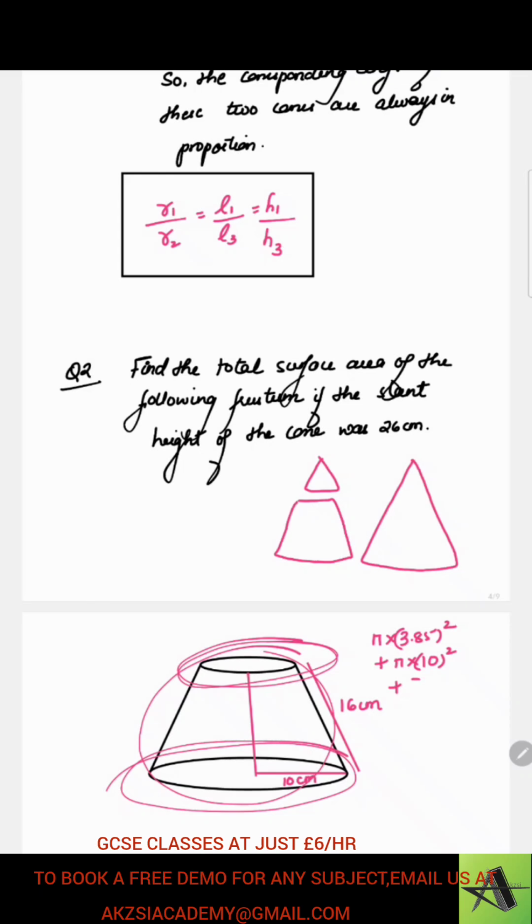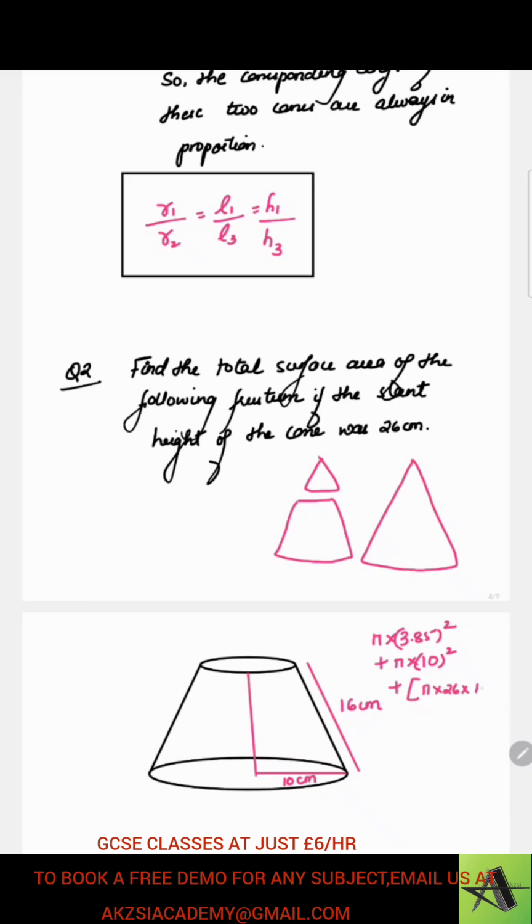So plus area of the bigger cone, we know the slant height is 26 centimeters, so it will be pi times 26 times r, which is 10, minus, for the smaller one, we just saw that the slant height is 10 because this is 26, this is given as 16, so obviously this is going to be 10. 26 minus 16, so it would be pi times 10 times this radius, because we are calculating the curved part of this smaller cone now.